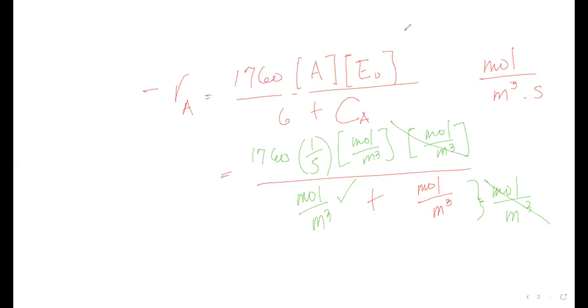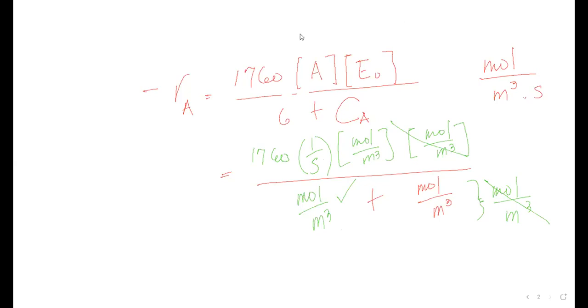So the answer of the three guys, Socrates, Renzo, and the one that I asked, the three are correct. So you have mole per cubic meter for the 6 and per second for the 1,760.